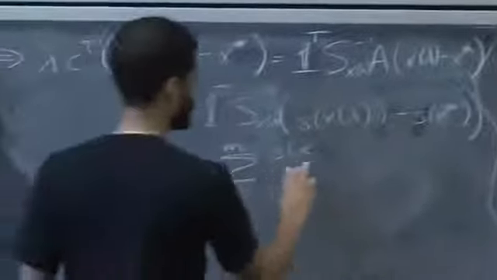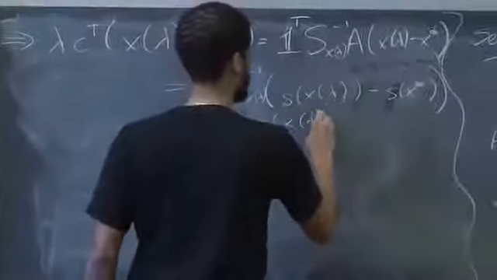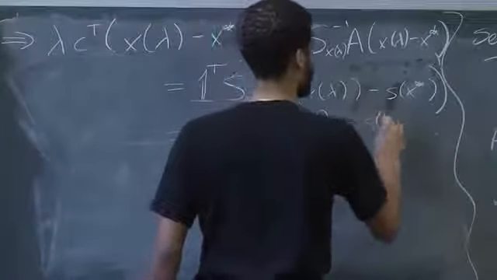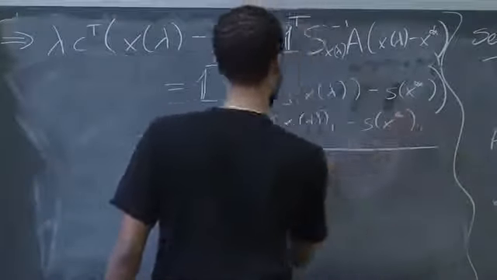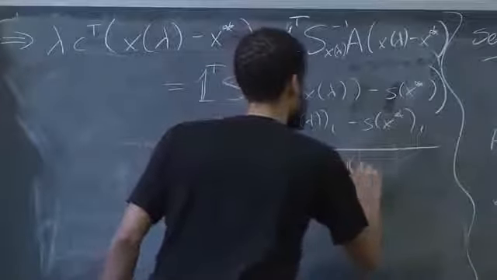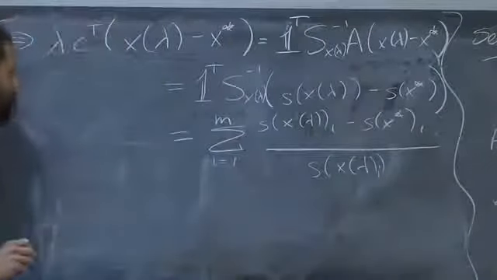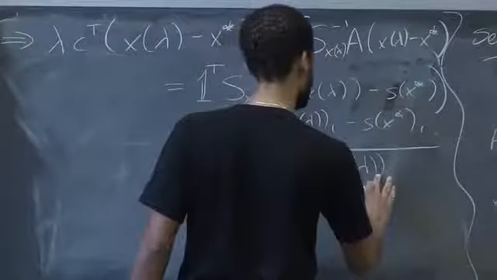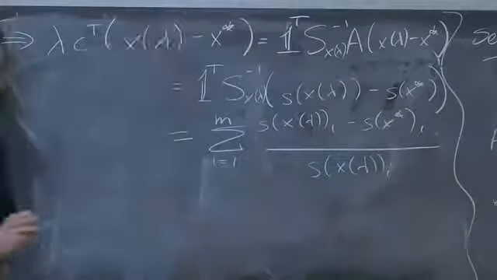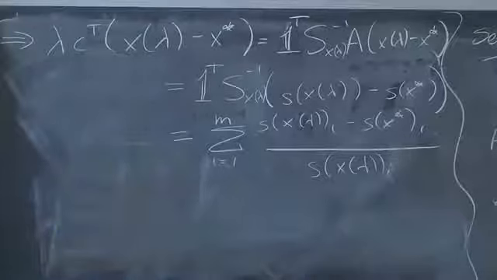So this is the sum of s of x lambda sub i minus s of x star sub i over the slack of x lambda sub i. Yeah? Are people with me?